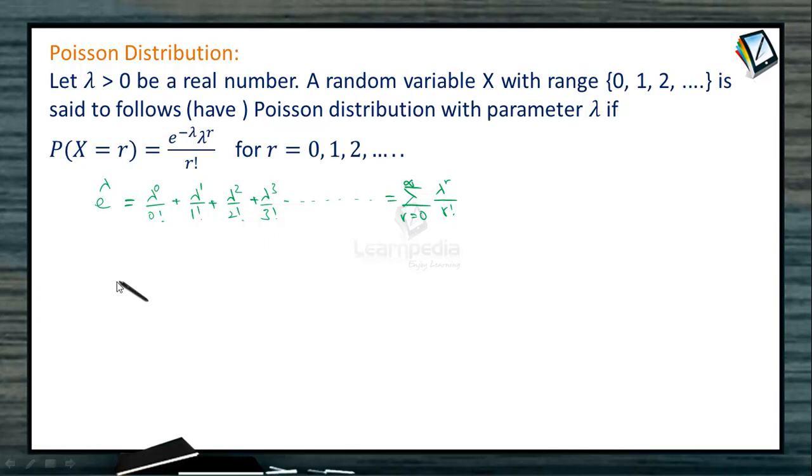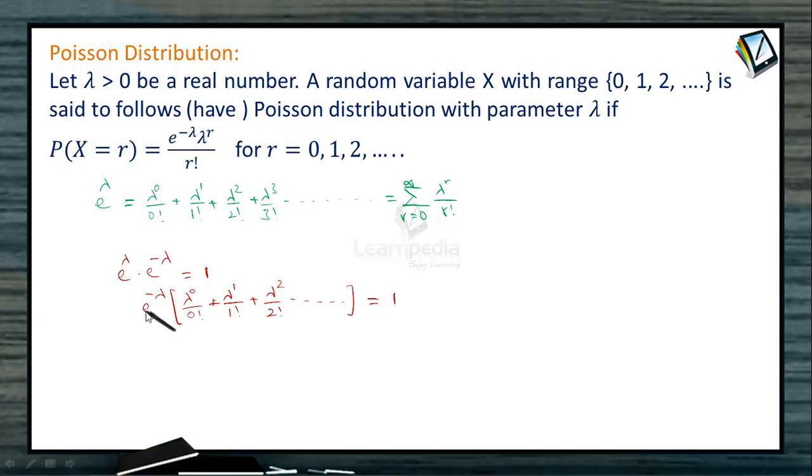Now, considering a very trivial fact, e to the power of lambda into e to the power of minus lambda will always become 1, right? So, can we rewrite this as e to the power of minus lambda into the expansion of e power lambda, which is lambda to the power of 0 by 0 factorial plus lambda to the power of 1 by 1 factorial plus lambda square by 2 factorial, and so on up to infinite terms, is 1.